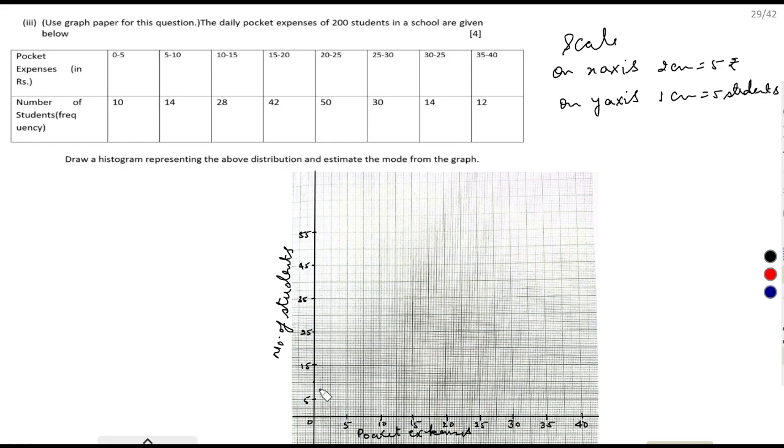0 to 5, 10. 5 to 10, 14. 2 small parts is equal to 1. 14 means 2 parts below 15. 10 to 15, 28. 28 means 25, 26, 27, then 28. 42.